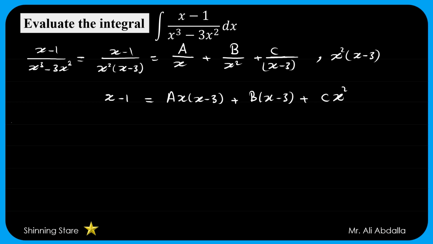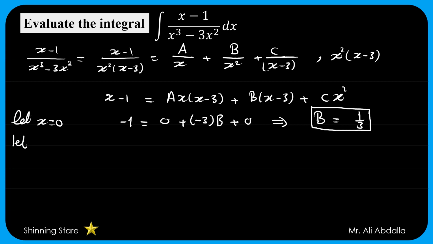Let x equal 0: 0 minus 1 equals negative 1, equals 0 times a, plus b times (0 minus 3), which is negative 3b, plus 0 times c. Then we get b equals 1/3.